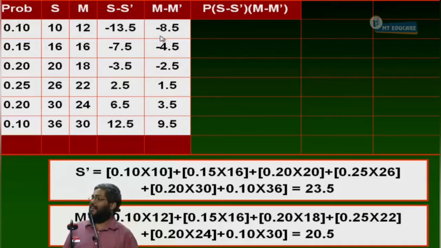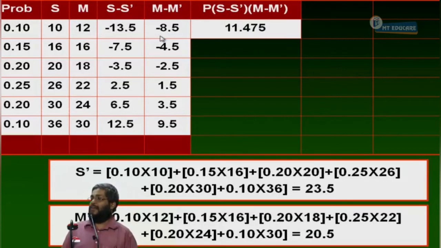Tell me what is the number here? 11.475. Next, multiply and tell me, don't wait for me please. 0.15 into minus 7.5 into minus 4.5. What's the number?